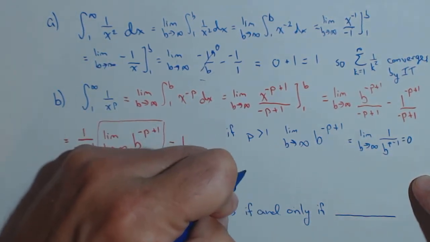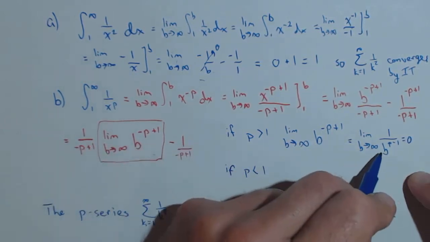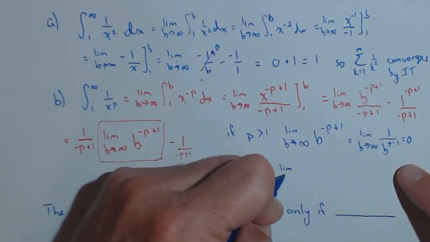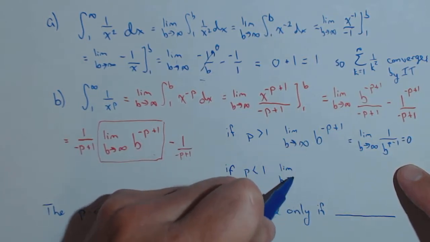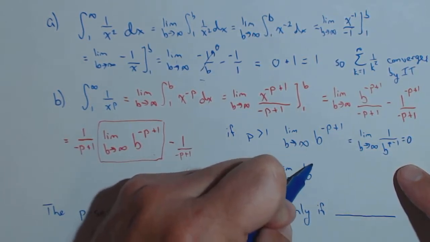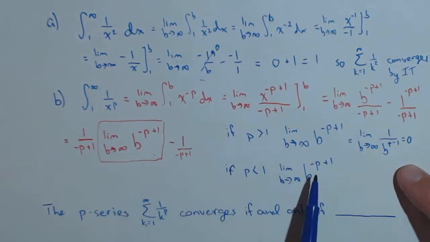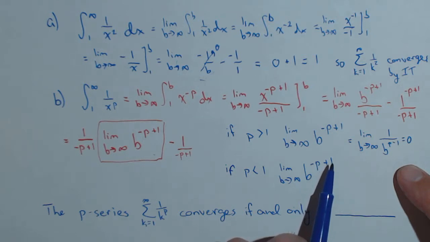Now, if p is less than 1, let's go right to this step and see what happens. Limit as b goes to infinity of b to the negative p plus 1. If p is, say, a half, then we'd be looking at b to the negative half plus 1, so b to the positive half, or the square root of b. That's an increasing function.